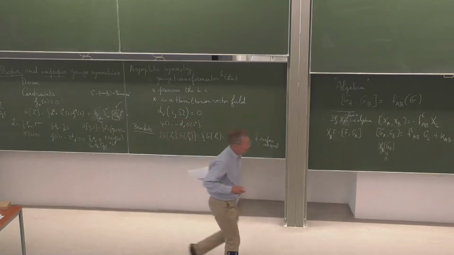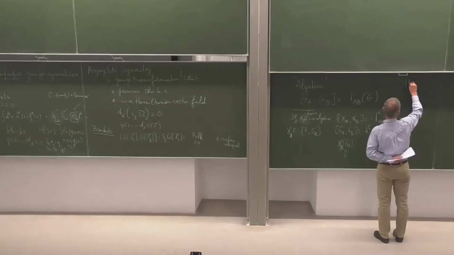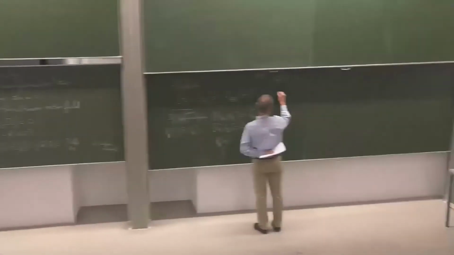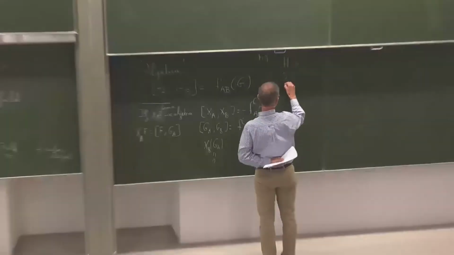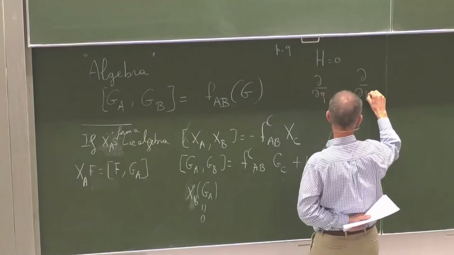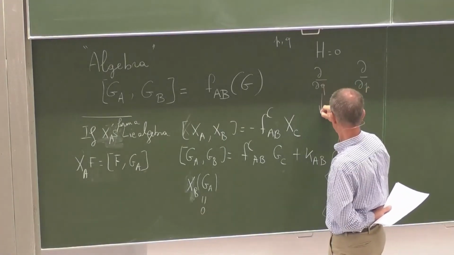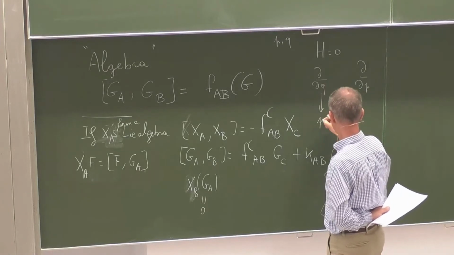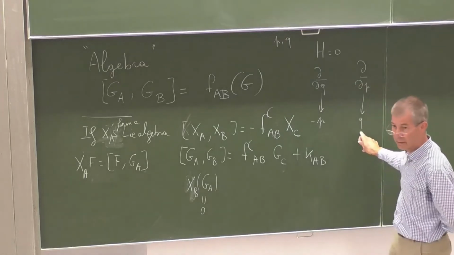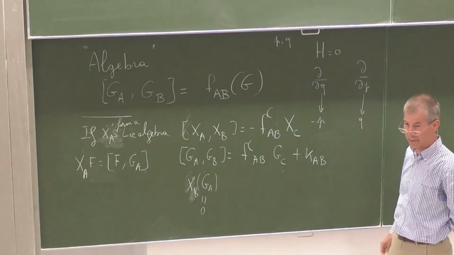I think the most familiar case is to look at the symmetries of the Hamiltonian H equal to 0 for a system with one degree of freedom. Look first at the vector fields. Clearly d/dq and d/dp annihilate H. Now, if I look at the corresponding generators, maybe this is minus p, this is q, and the bracket is not 0. It is 0 modulo a central extension.